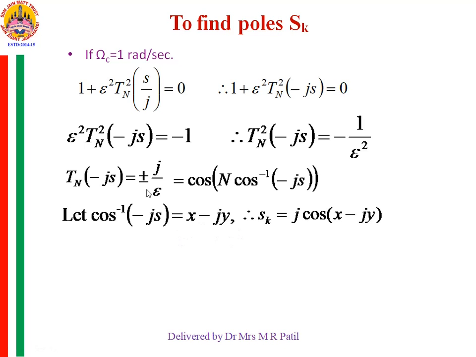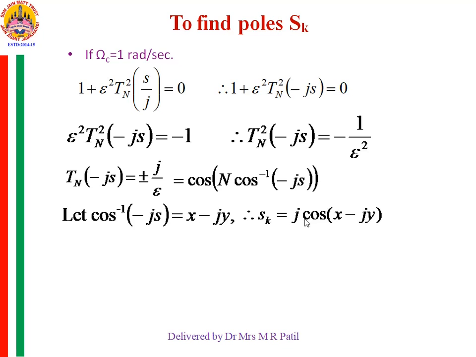So that now the pole location Sk, I can write it as follows. If I take the cos of both the sides here and multiply both the sides by j, then I will get S is equal to j cos of x minus jy. Now this I have obtained from this equation.